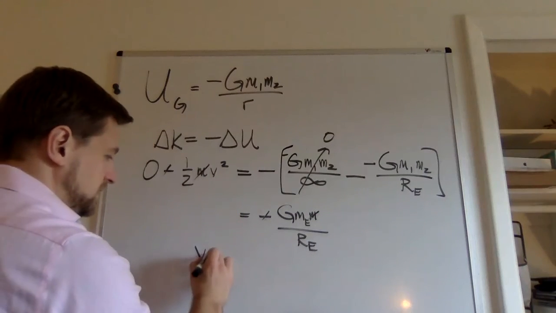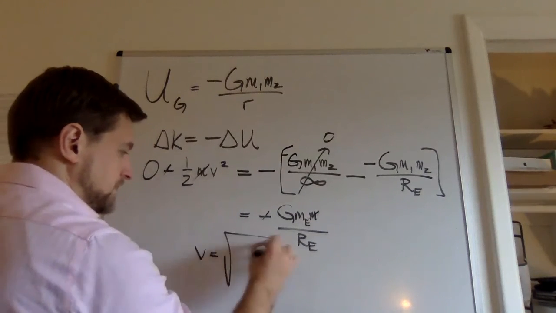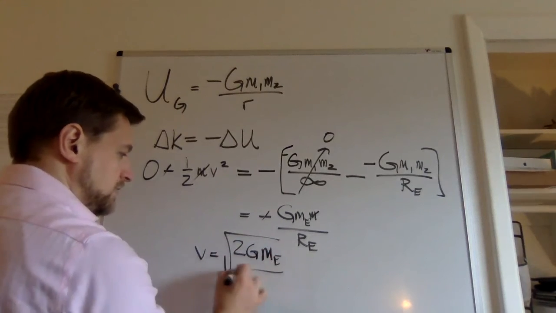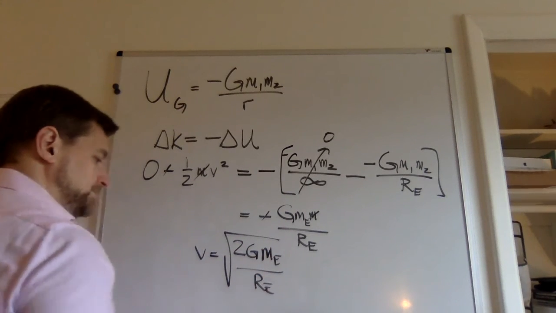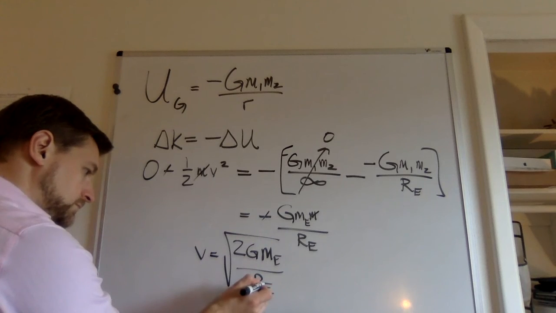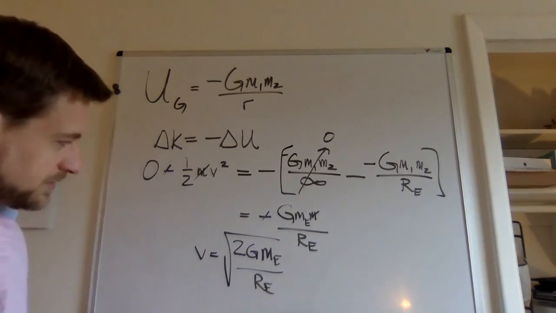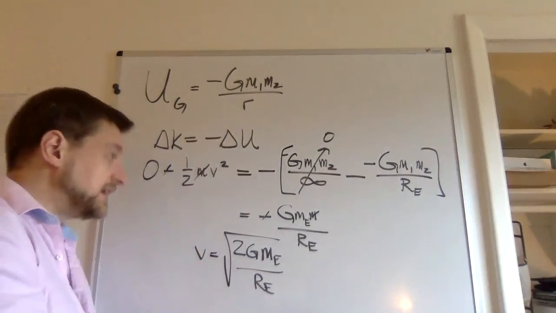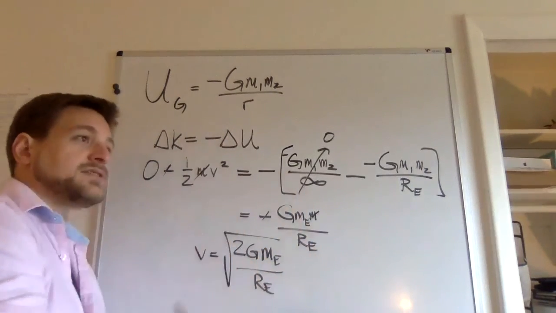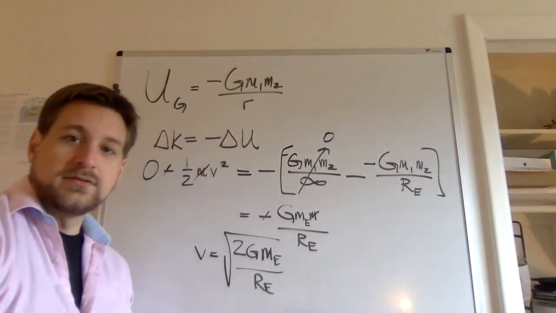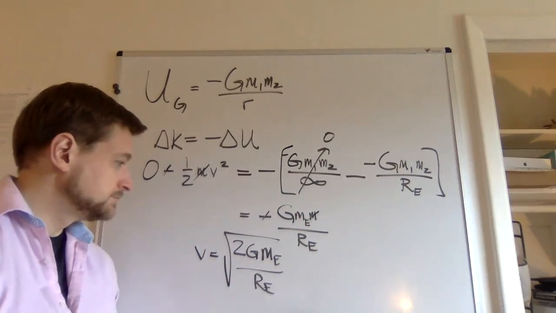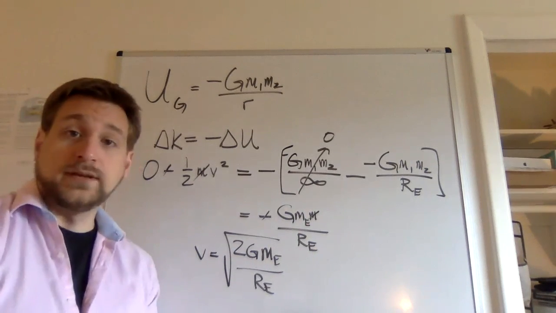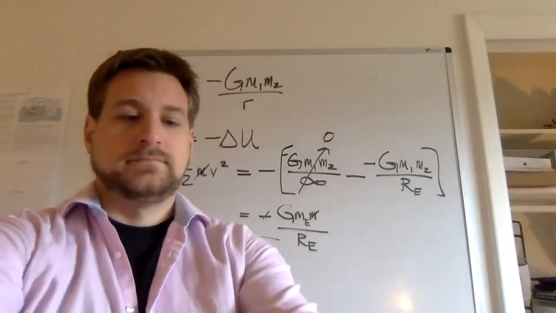So v is the square root of 2 G M_E. So we can talk about the escape velocity, the velocity we would need to get to a point such that we are no longer feeling Earth's gravity. Cool deal. Next.